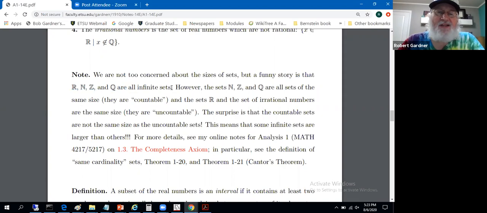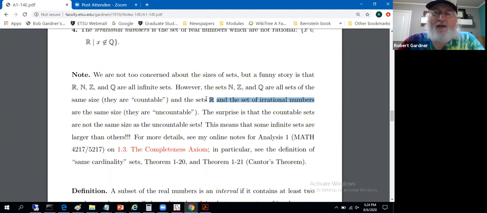But it's a funny thing, they're not all the same size. The natural numbers, the integers, and the rationals are all the same size. They're countably infinite. The real numbers and the irrational numbers are examples of sets that are infinite and uncountable.